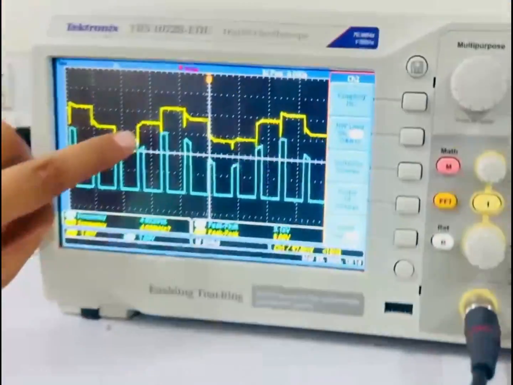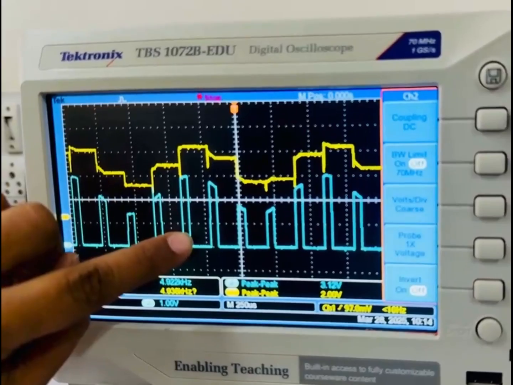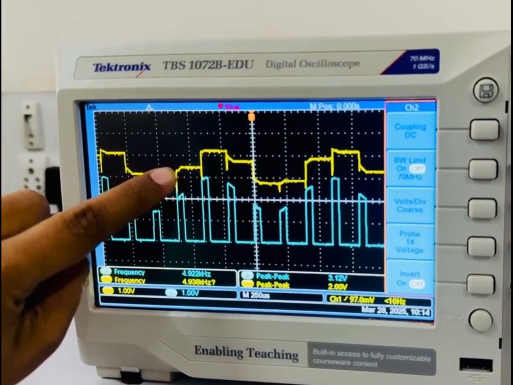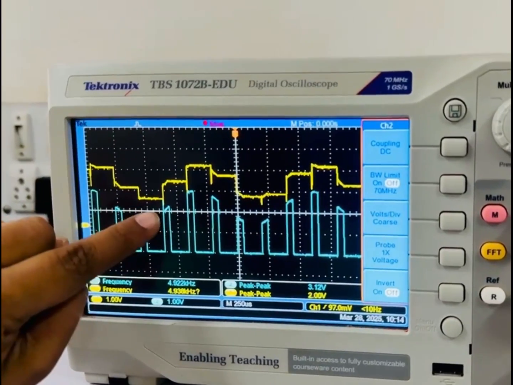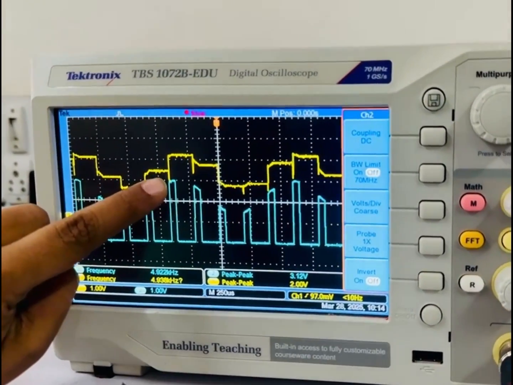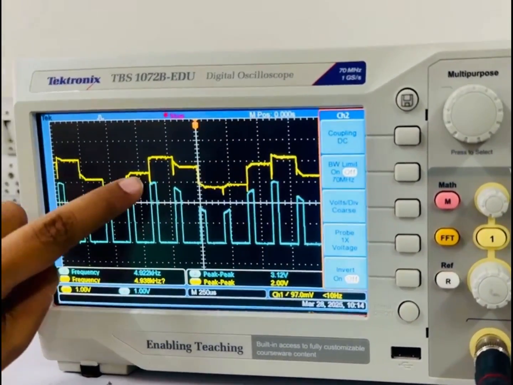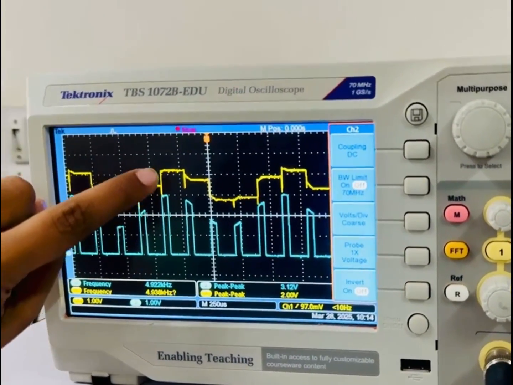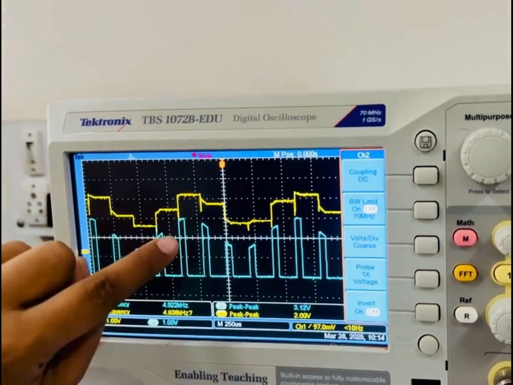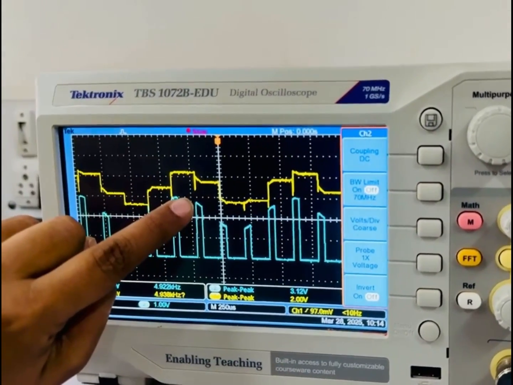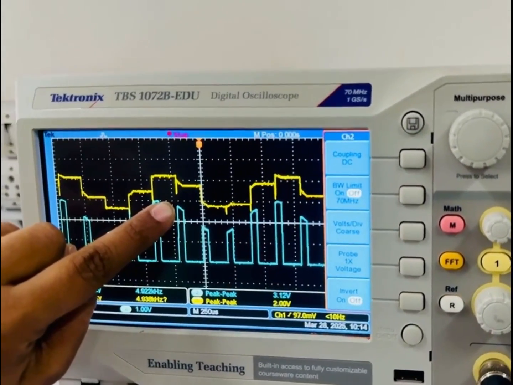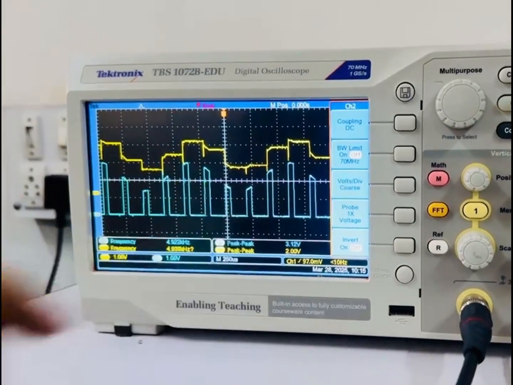So you can see between these two samples, the amplitude of the sample to which previously the capacitor was charged is held constant. And when the next sample comes, the capacitor will start charging to the amplitude of the next sample. Again, between two samples, the transistor is off. The capacitor will continue to hold the previously charged amplitude and it is not a smooth continuous signal.